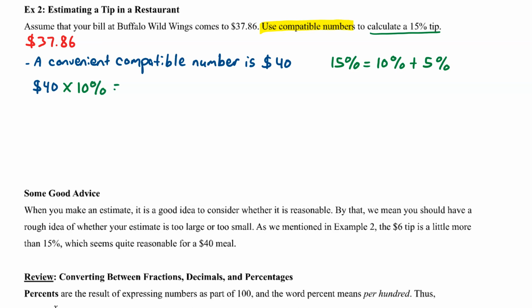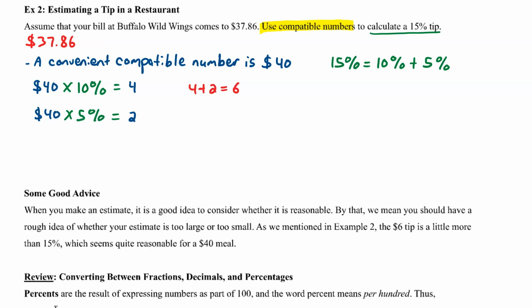And what's 40 times 5%? And then we would just combine those two values. If we take 40 and multiply it by 10%, we're going to get 4. 40 times 5% is going to be 2. So if we combine those, 4 plus 2 is going to equal 6.